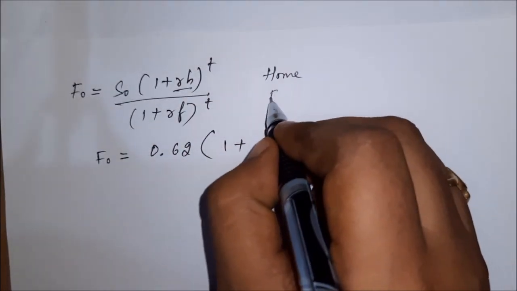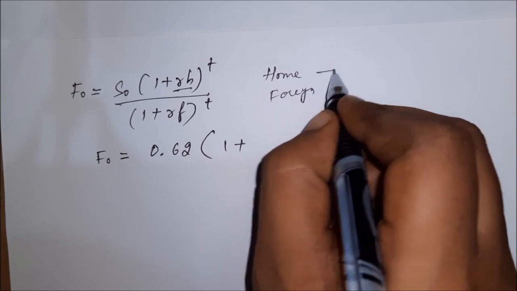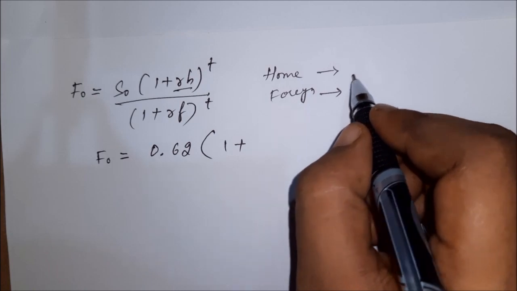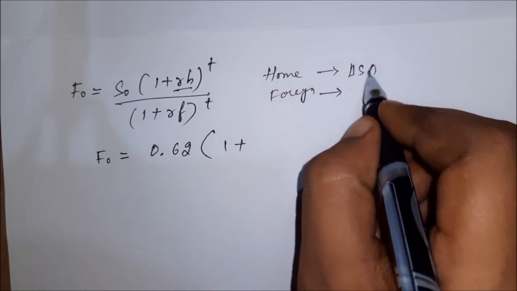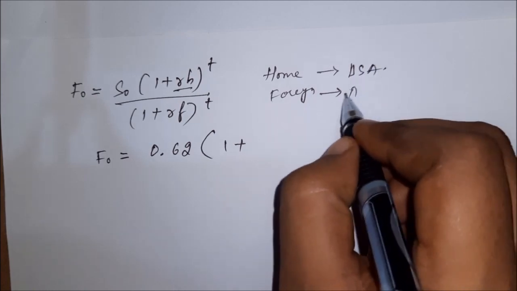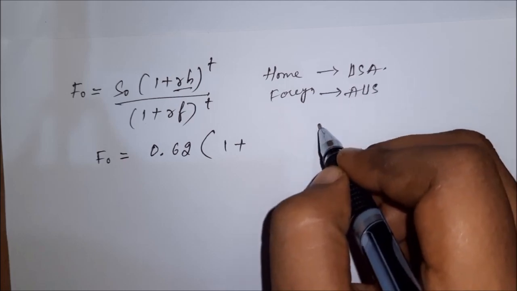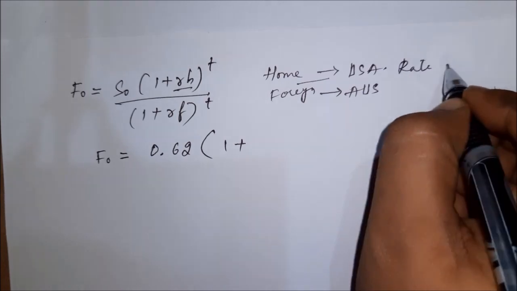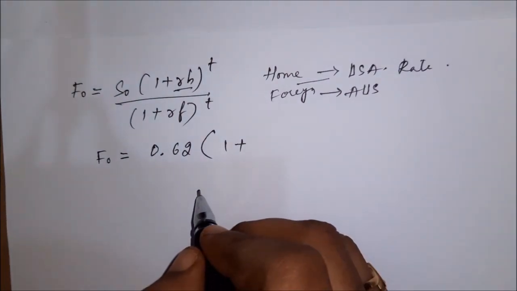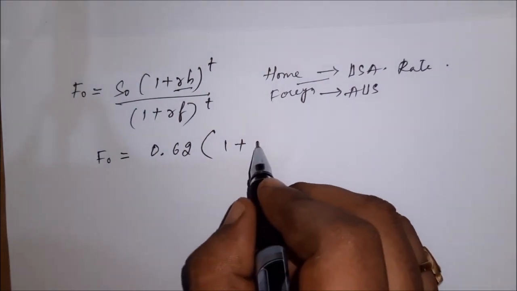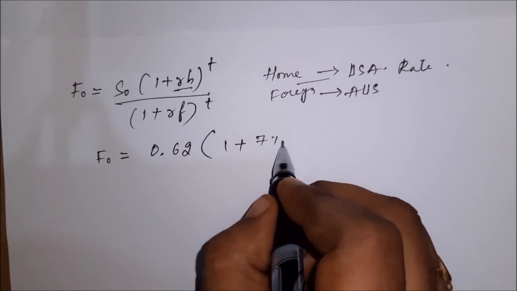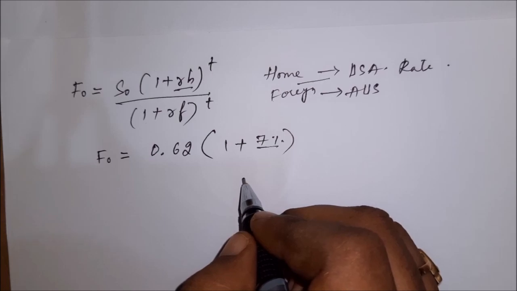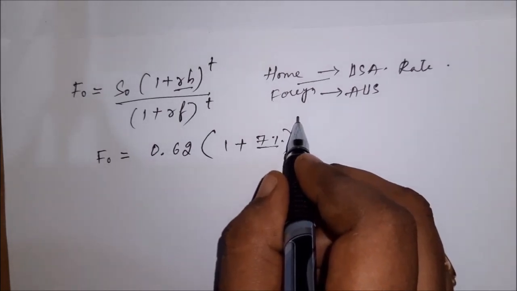Which currency is the home currency here and which is foreign? I have already told that the one unit currency is the foreign currency and the one compared with it is the home currency. So USA will be the home currency. Here the USA rate is 7%. You can directly write 0.07 and time is 2 years.